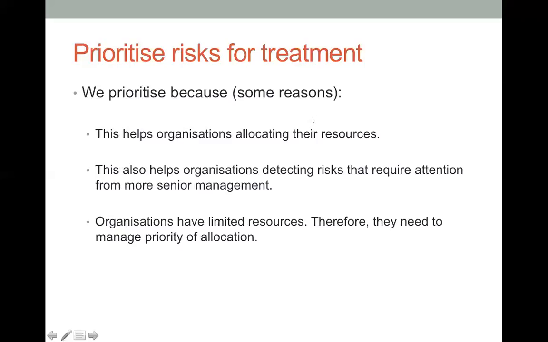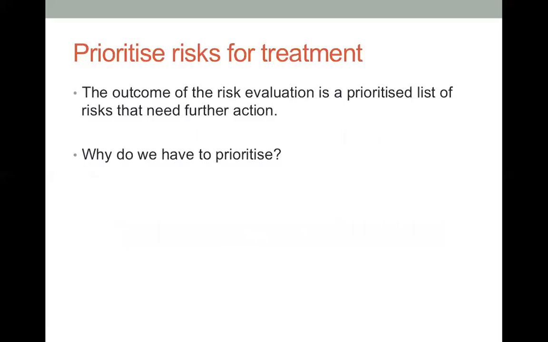It also helps the organization detect risks that require attention from more senior management. So if we say the risk is quite high, how high is that? Then we need to elevate that to the next level.